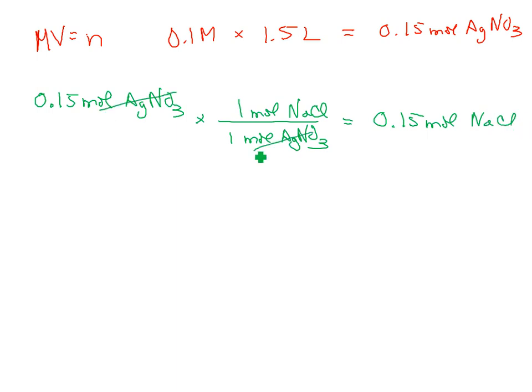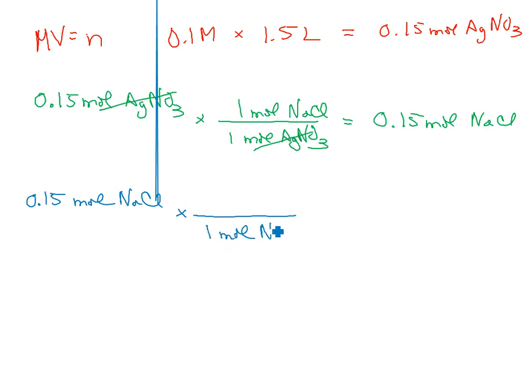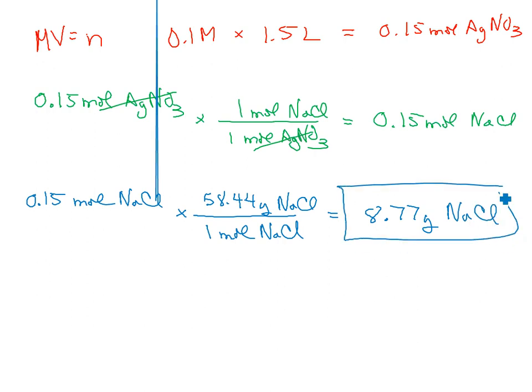So all we need to do now is change our NaCl from moles to grams. 0.15 moles of NaCl times 1 mole of NaCl has a molar mass of 58.44 grams. Multiply that through, I believe I'd have 8.77 grams of NaCl needed to react with all of that silver nitrate.